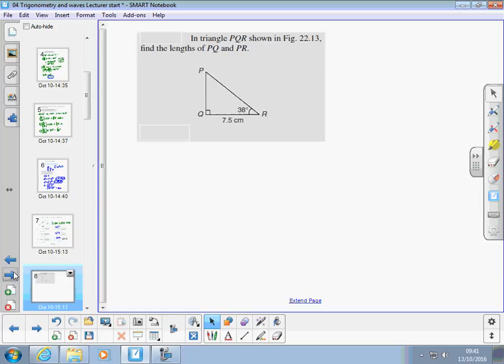What that means is we can use them to find the lengths of sides and unknown angles in a triangle. What's the quickest way to find out the angle P in that triangle? 90, isn't it? 38. Yes. And 90, 38.